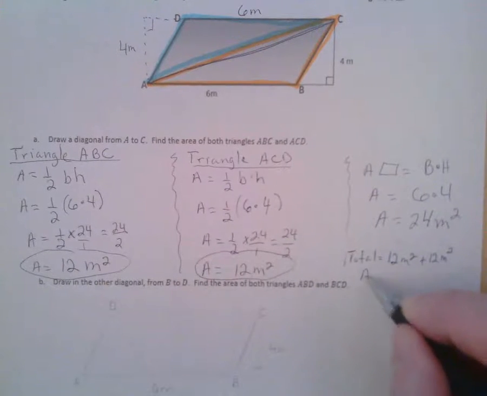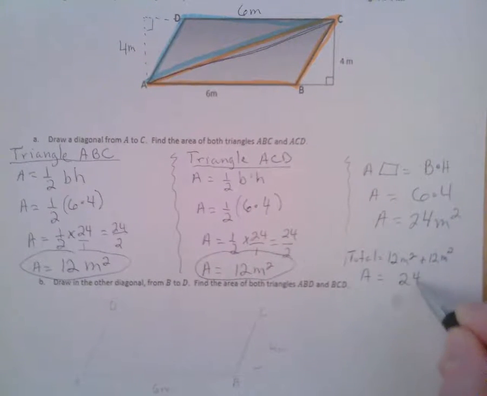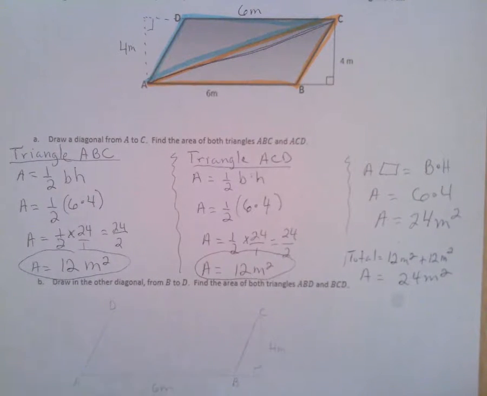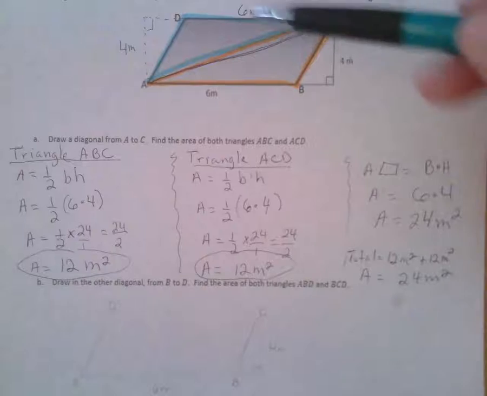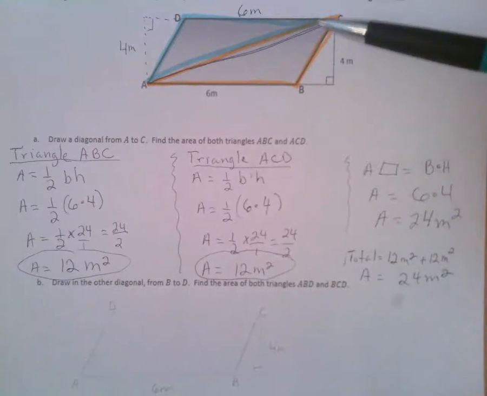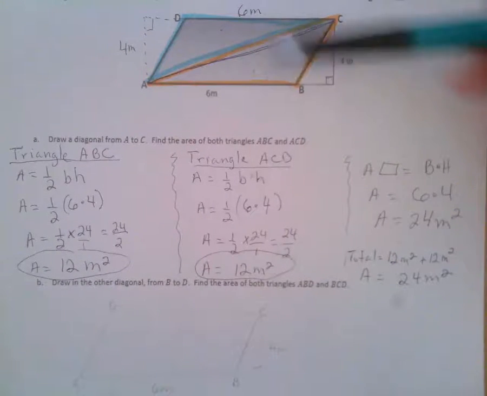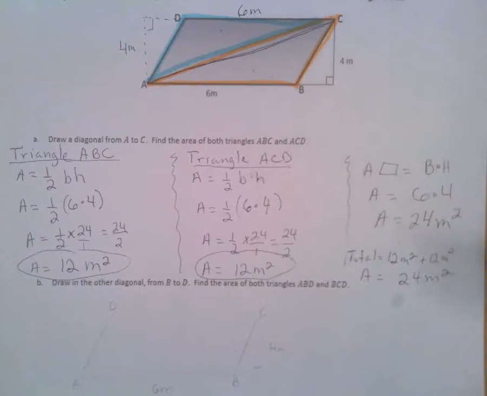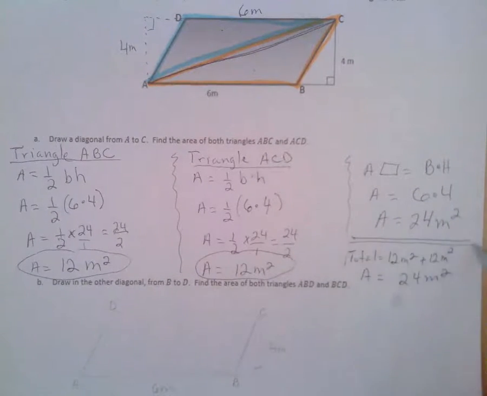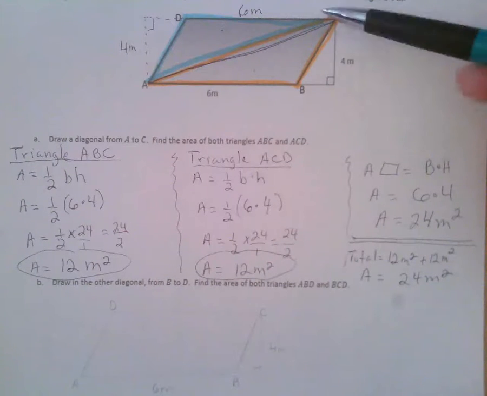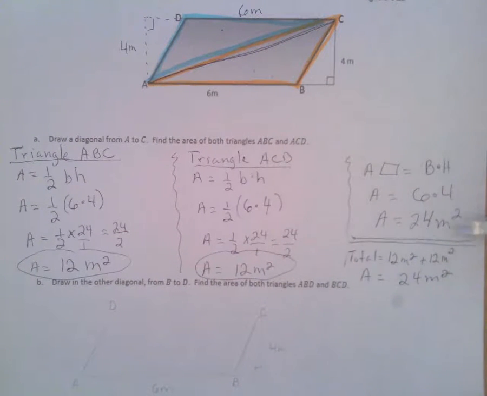My total area was also 24 meters squared. So by decomposing, meaning breaking this apart, and figuring out the two congruent triangles, we found the total area, which was the same as using the formula for the area of a parallelogram, which was base times height. You'll see that they were exactly the same.